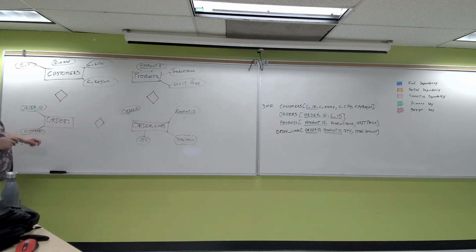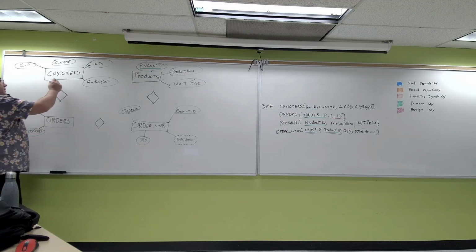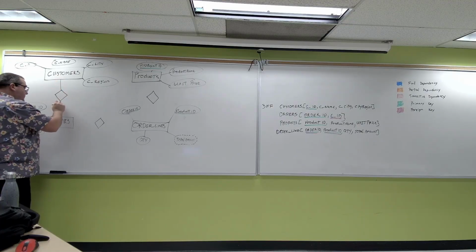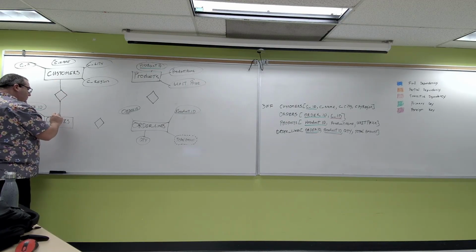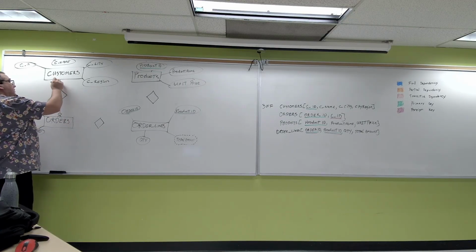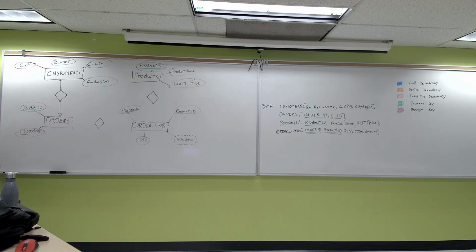So each customer can have multiple orders, and realistically, each order can only have one customer ID because it's an attribute. So it would go like this. Technically optional. Now, this is where it gets a little decision-making time. Do we decide that the customer ID is actually participating in the key or not?